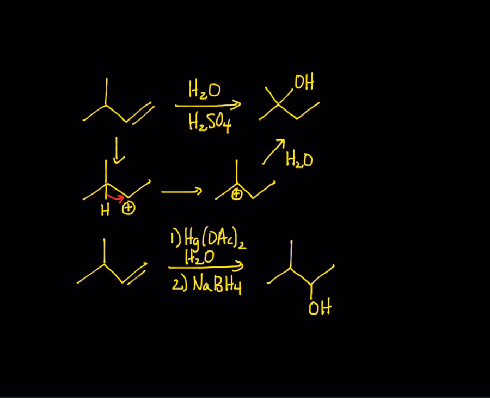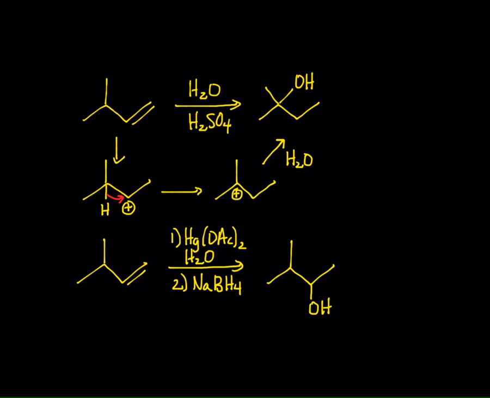Instead of getting 2-methyl-2-butanol, I would get my desired 3-methyl-2-butanol, because I don't have to worry about rearrangement. So that's certainly a key to oxymercuration followed by that reduction.